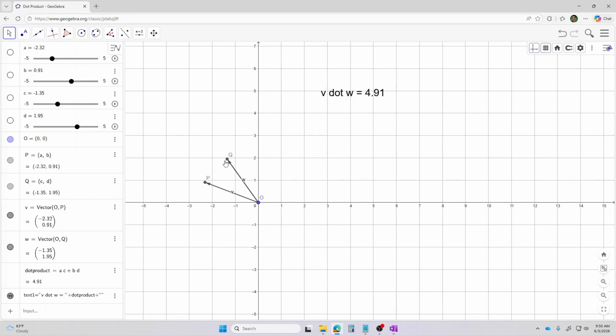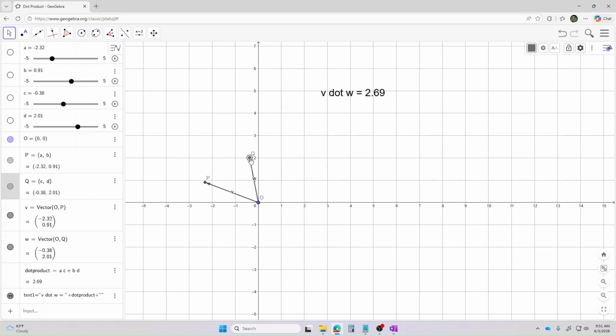So right now my v and my w are drawn both pointing into quadrant 2, and they're more aligned than they are opposed. They're pointing in roughly the same direction. The angle between them is relatively small. And so corresponding to that, we're getting a dot product that's equal to a positive value of 4.91.